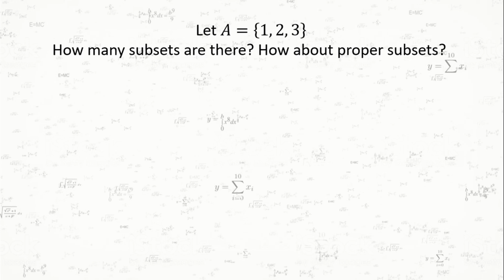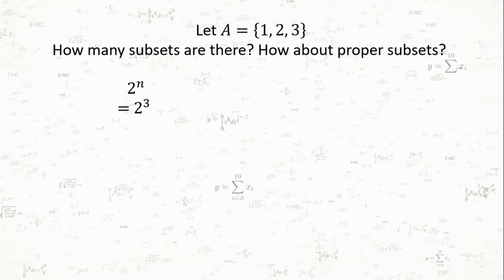Let's have an example. Say that we have set A with elements 1, 2, and 3. Now we are going to identify the number of subsets and proper subsets in this set. We use the formula 2 raised to n to identify the number of subsets. So you just substitute the variable n by its value, which is 3.